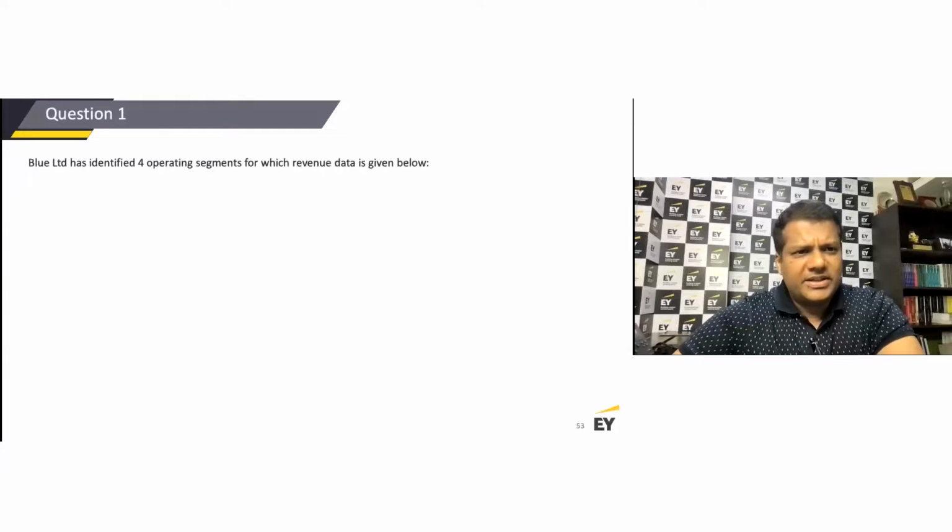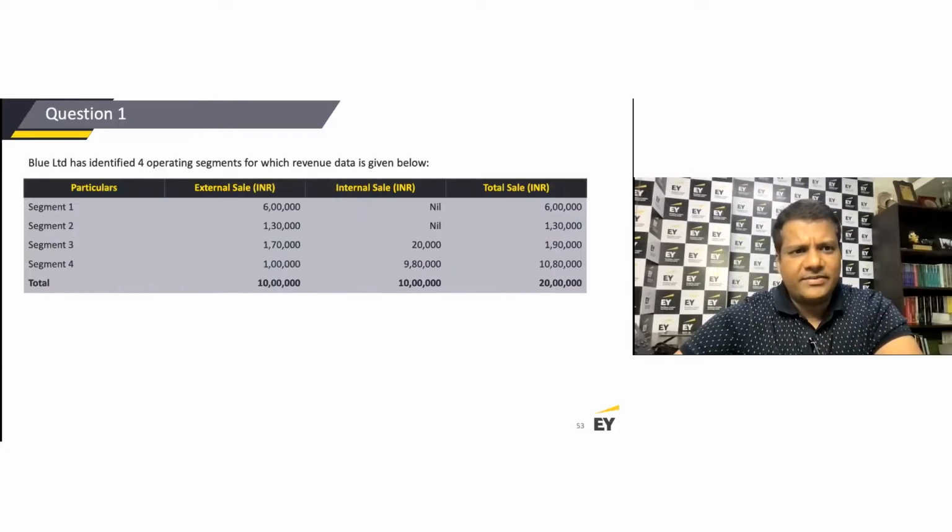Some more questions. Blue Limited has identified 4 operating segments for which revenue data is given below: external, internal, and total sales, 600,000, 130,000, 170 plus 20,000, and so the total is 20 lakhs. They have additional information.